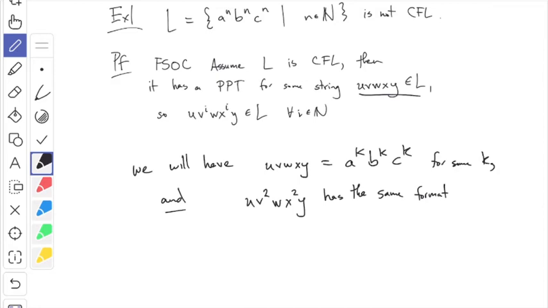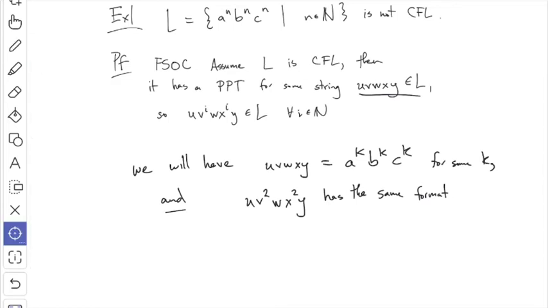This, in fact, is a contradiction. Does anybody look at these two sentences here? Anybody feel like this is somehow contradictory? Anybody want to try and explain what's the problem with this? It involves identifying these pieces, u, v, w, x, y. They have to fit into this format somehow. Maybe the u is all a's and the v is also all a's, but then the w is all b's.